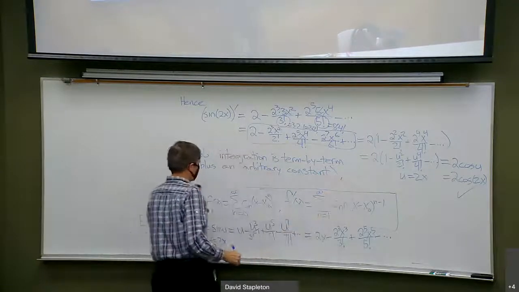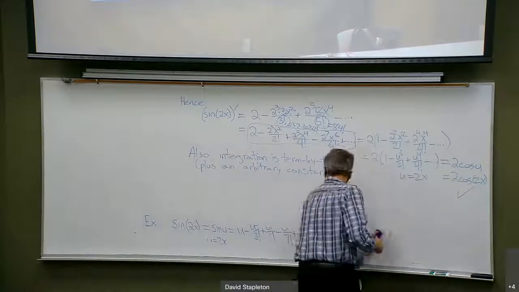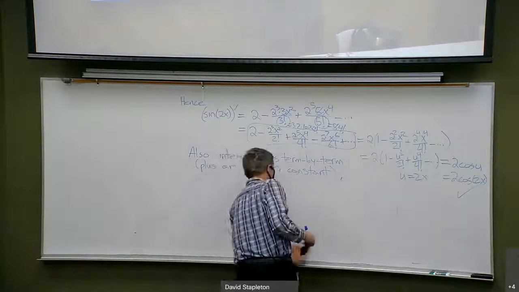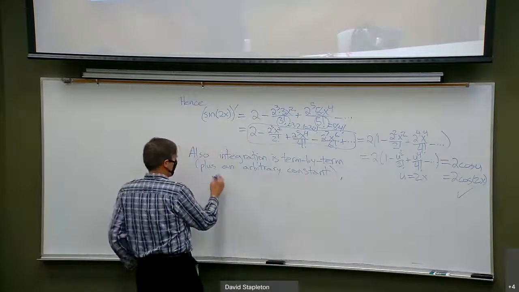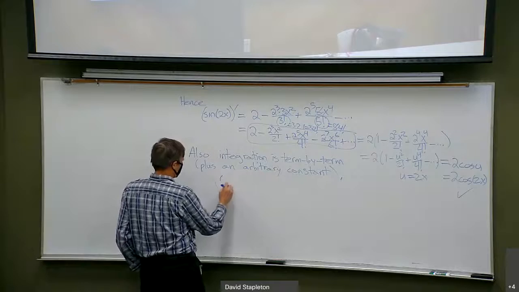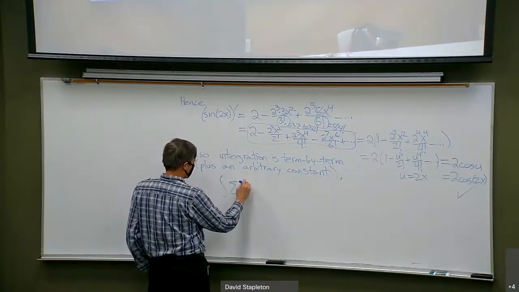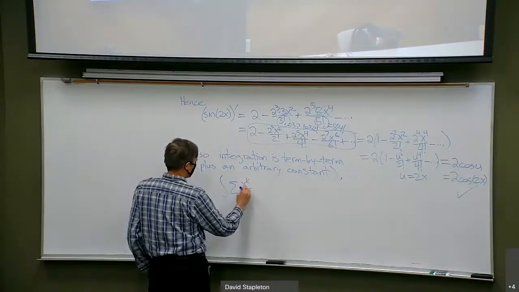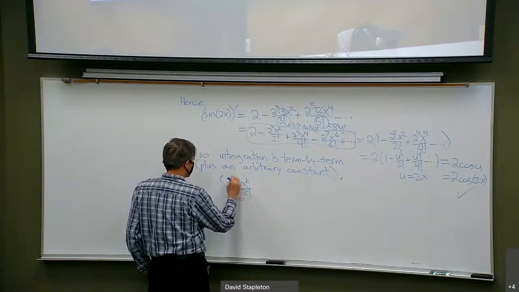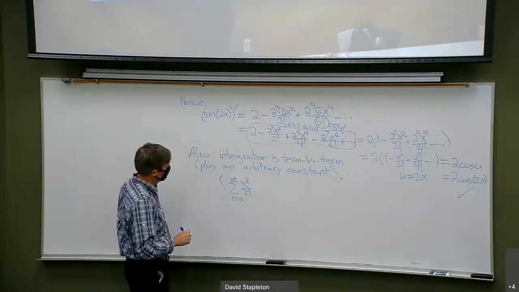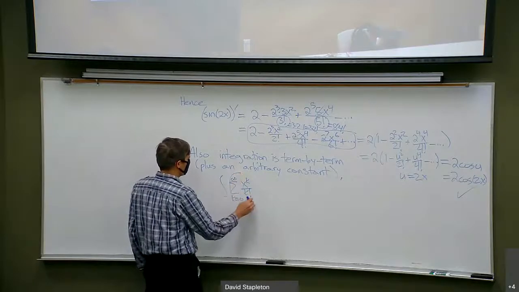So if I have this thing, what's the integral of the series x to the k over k factorial, k equals 0 to infinity? Does that series look familiar? This was the series for e to the x, right?